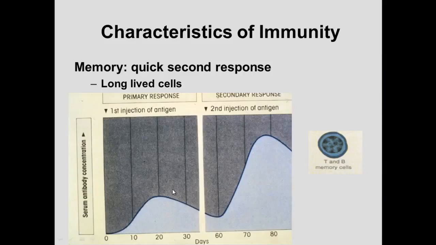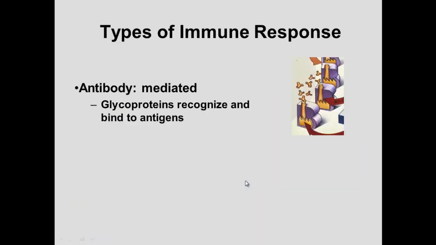Also, it has memory. It has a quick response. The first response is small and not so quick. But the second time you're injected with the same antigen, it has a quick response, as indicated here in the serum concentration of antibodies. The main player here is the lymphocyte, the T lymphocyte, which kills things, or the B lymphocytes, which make plasma cells that make antibodies.